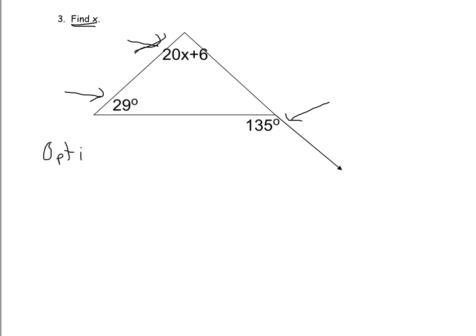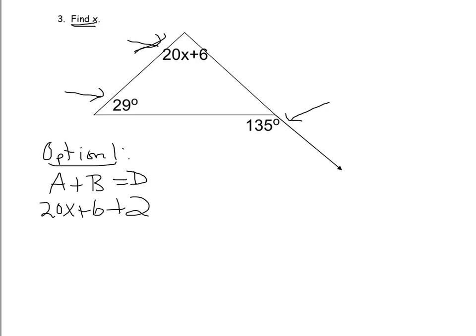Option 1: we know the two remote interior angles added together give you the exterior angle. So we can plug in what we know. We have 20x plus 6 as one of the remote interior angles, plus 29, the other one, equals that exterior angle of 135. You guys have solved equations like this before.